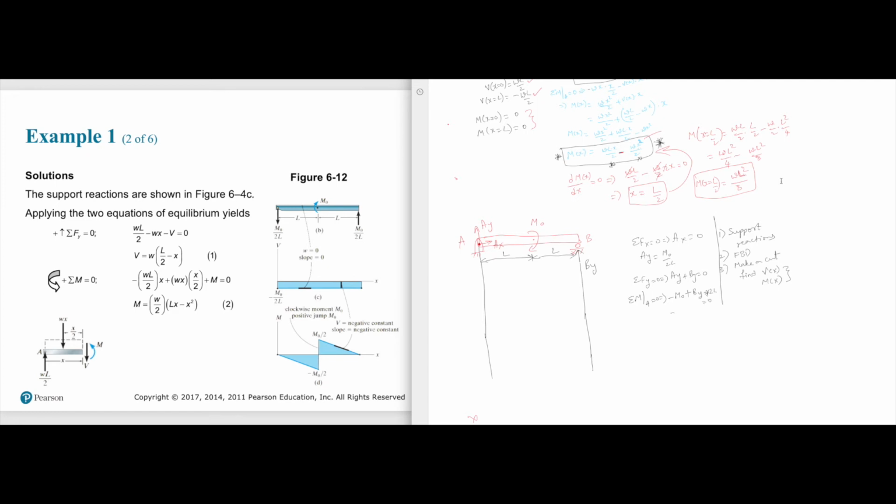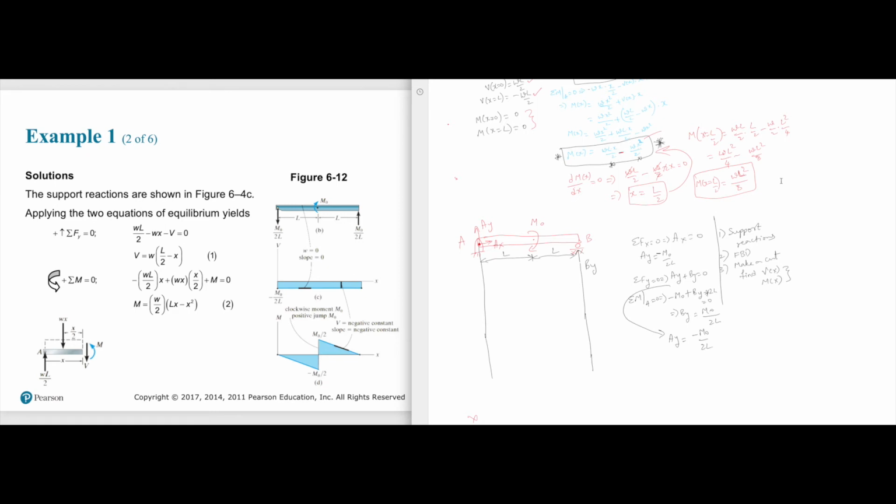So how much is By? By is M naught over 2L. So what is Ay from this equation? It will be negative M naught over 2L. So we should have written negative here in the first place.